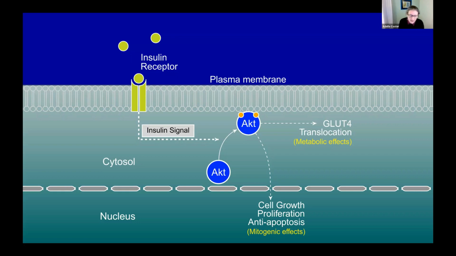So AKT is found in all sorts of different places in the cell. So it's synthesized inside the cell, in a leaflet down here of the nucleus, and it then forms an activation complex with another molecule, which is PDK1, and it's in the cytosol then, which is the inside of the cell. So the outside of the cell is up here in this blue part.